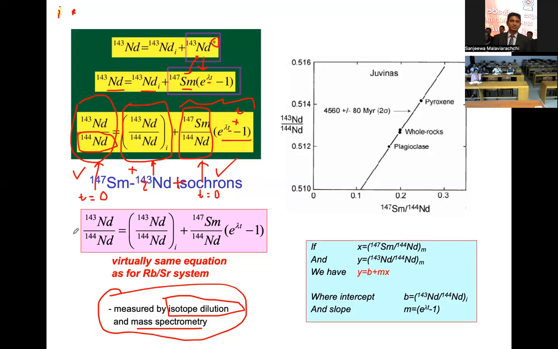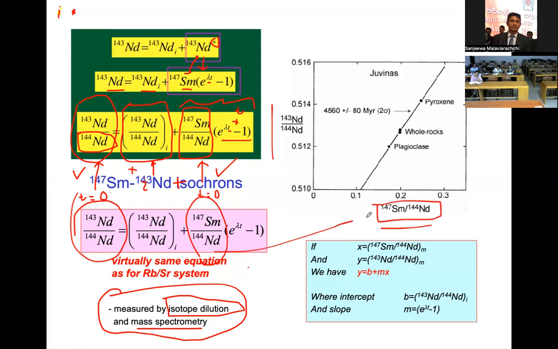So such determinations will give you this number and also this number. Once known, we can plot these numbers in a diagram. Here you can see that diagram. For the samarium neodymium system, what we use is this ratio, right? That is this one and this ratio, like the rubidium strontium, in a similar way.